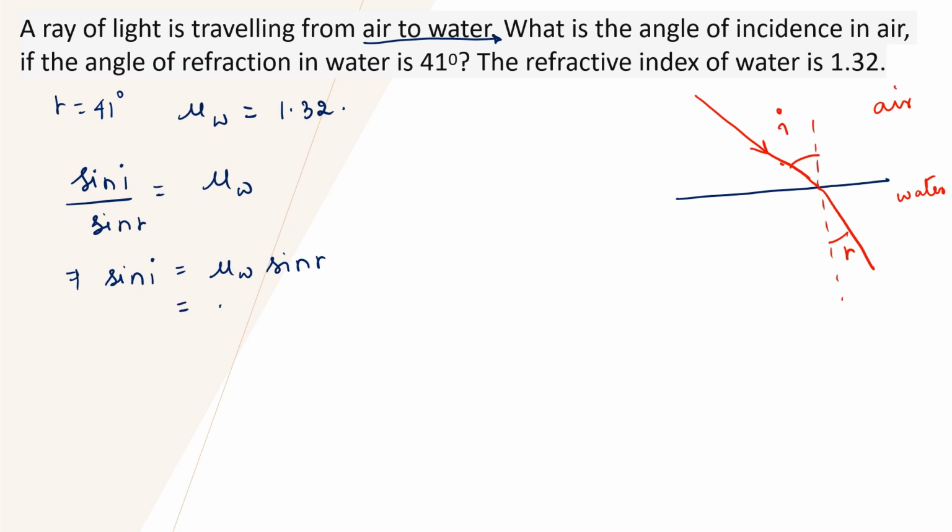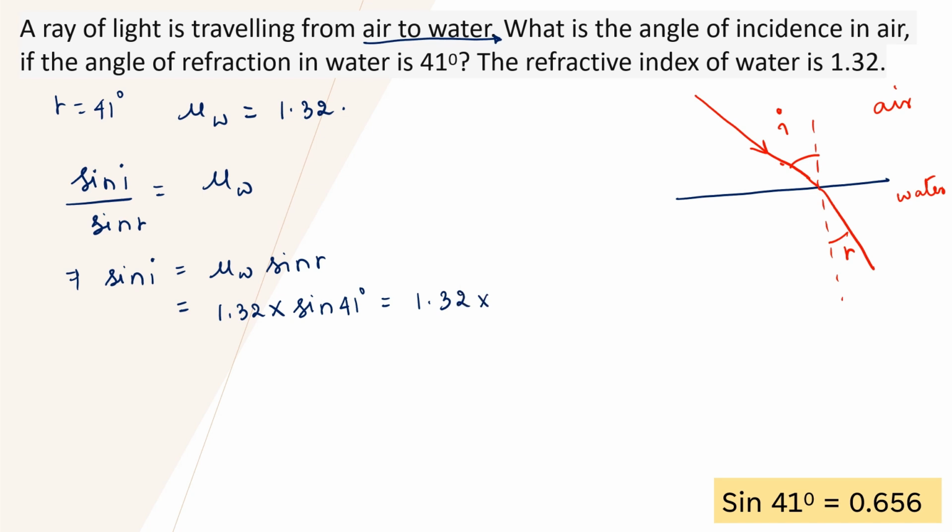Mu w, water, is 1.32 and sin r is sin 41. So 1.32 into sin 41 is 0.656, approximated to 3 digits.